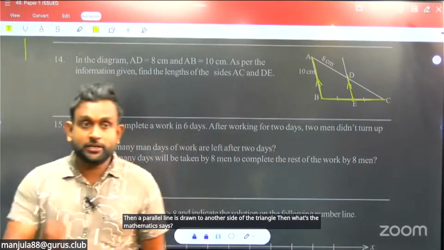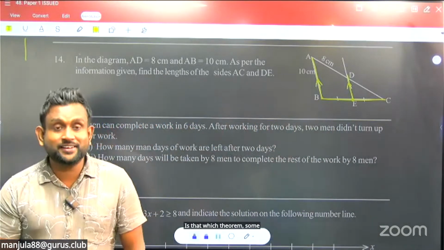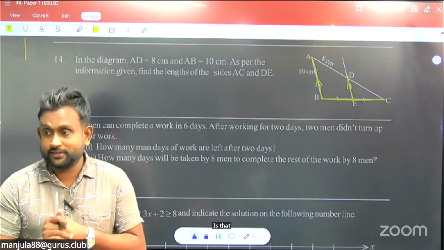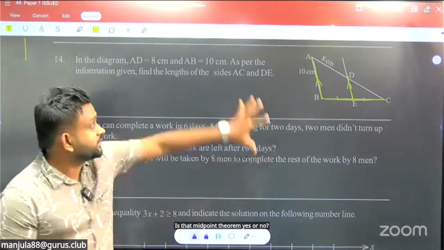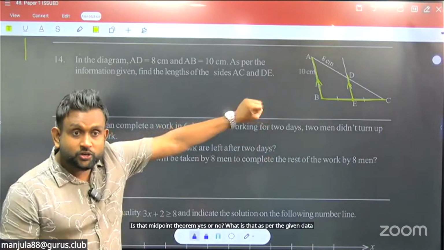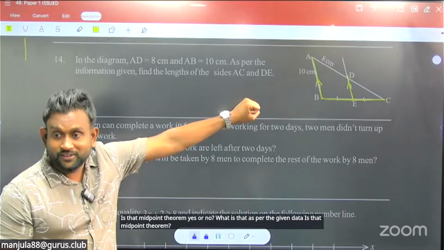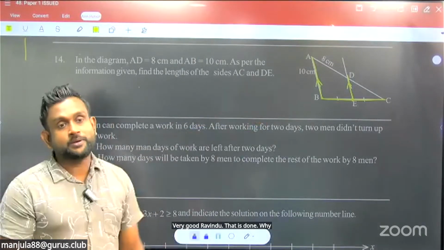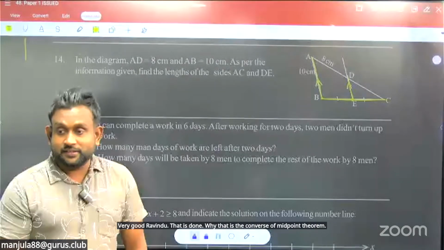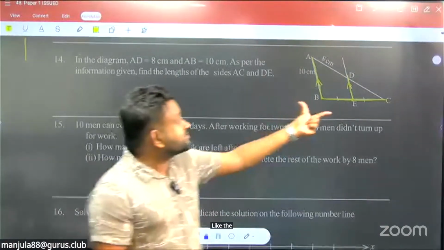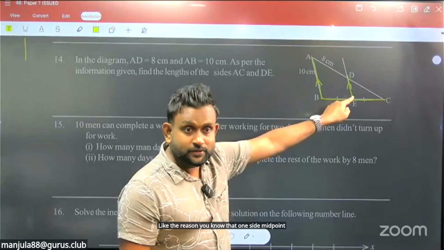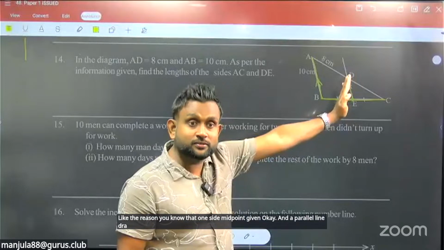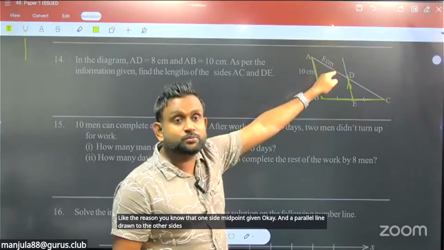Which theorem is that? Some students think that it is the midpoint theorem. Is that the midpoint theorem, yes or no? As per the given data, is that the midpoint theorem? Very good, Ravindu. That is not. Why? That is the converse of the midpoint theorem. The reason is that one side's midpoint is given and a parallel line is drawn to another side, then the third side is bisected.